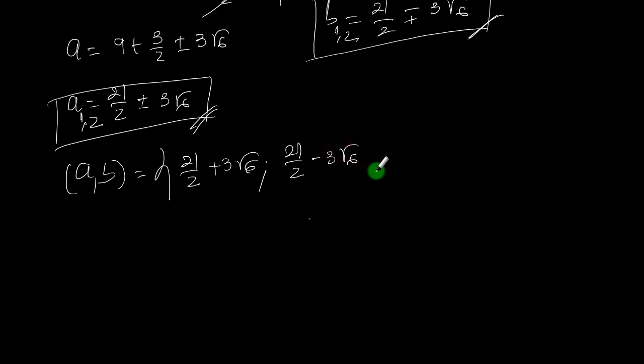And then we'll have the second one, a2, which is 21 over 2 minus 3 square root of 6, and b2, which is 21 over 2 plus 3 square root of 6.